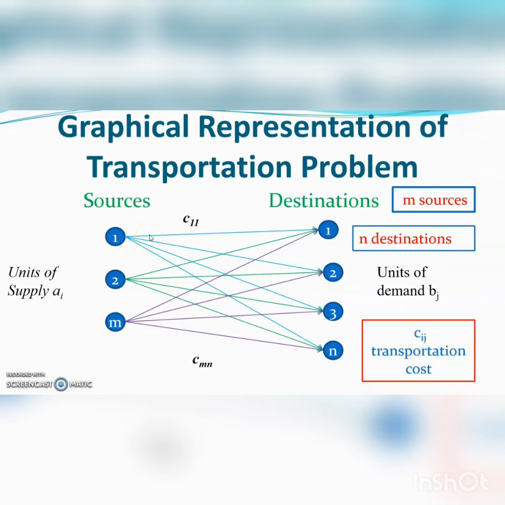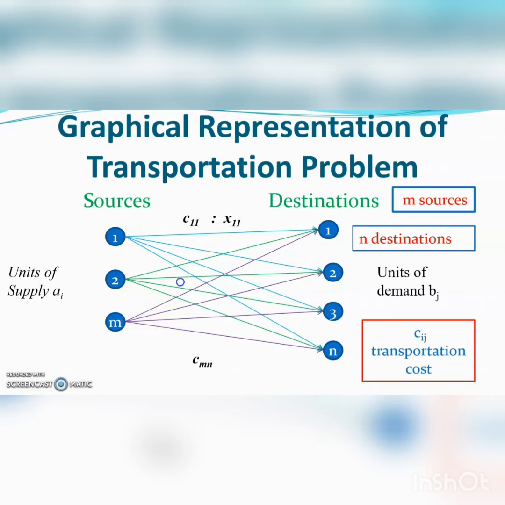Now let X11 be the unit delivered to the destination D1 from the source O1. Similarly, X12 be the unit delivered to the destination D2 from the source O1. X1n be the unit delivered to the destination Dn from the source O1.